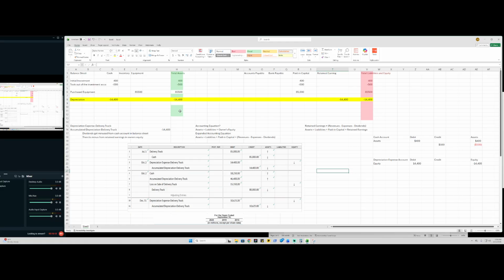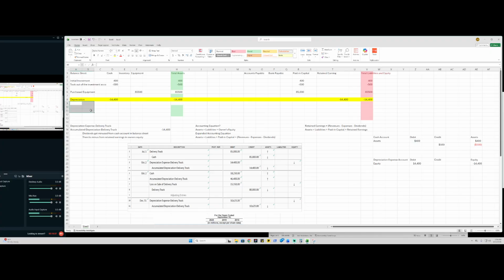Really, it would be the accumulated depreciation total of all the items being depreciated. That total depreciation of everything is what would be in the balance sheet, because you wouldn't list depreciation of this and depreciation of that.